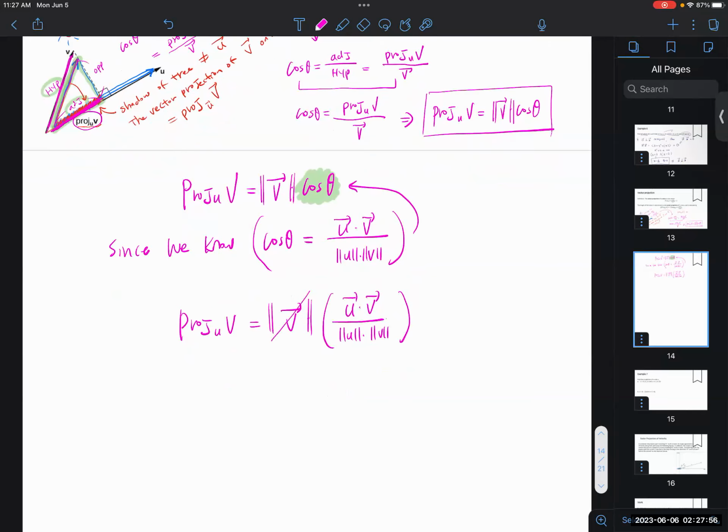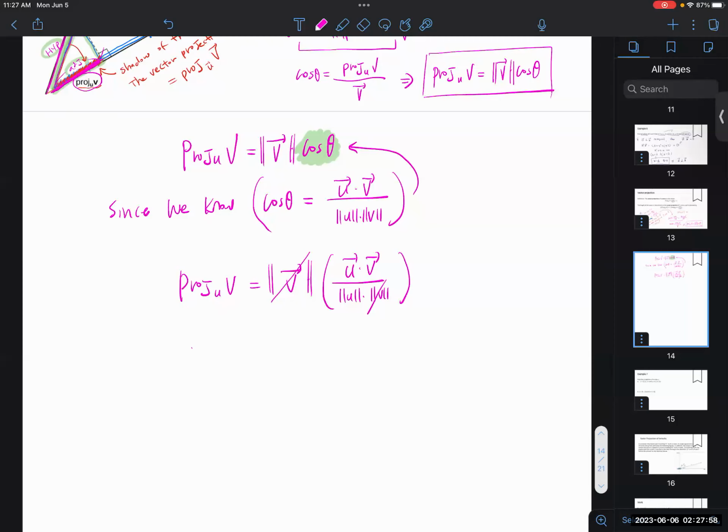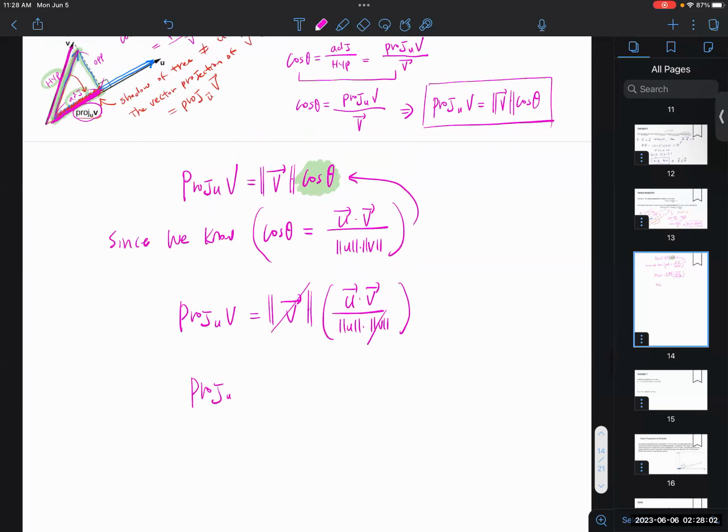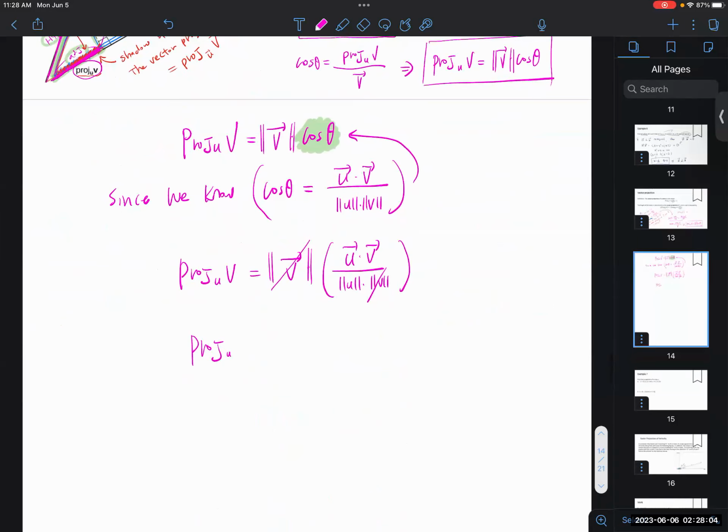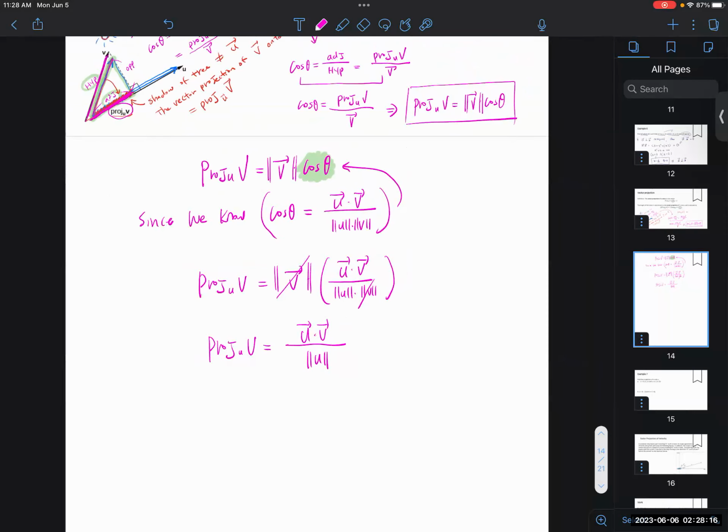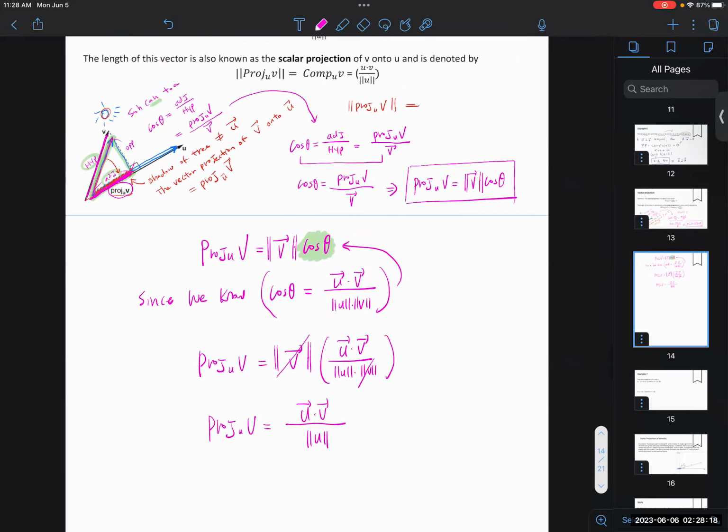So we can cancel this. What we got, the projection of v onto u, is going to be the dot product of the vectors divided by the u magnitude. Are you okay with that? This is the magnitude, the length of the projection. So this is the projection of v, and I'm going to put all the length.